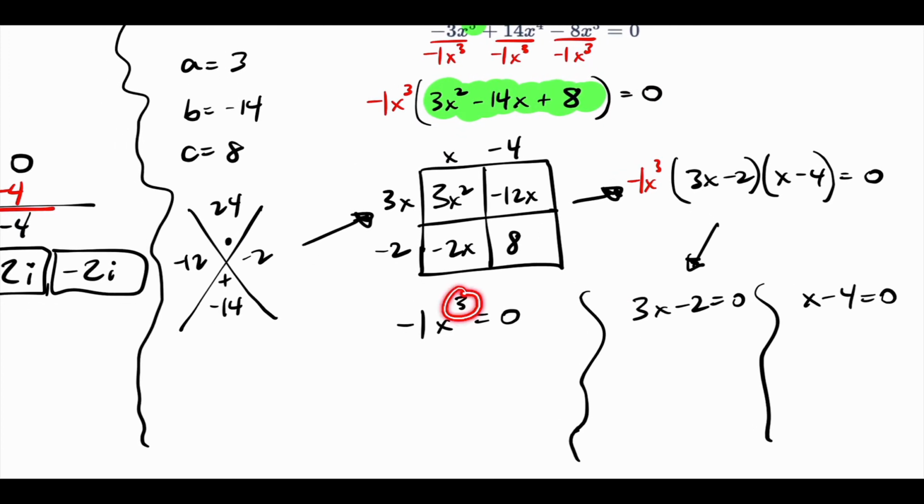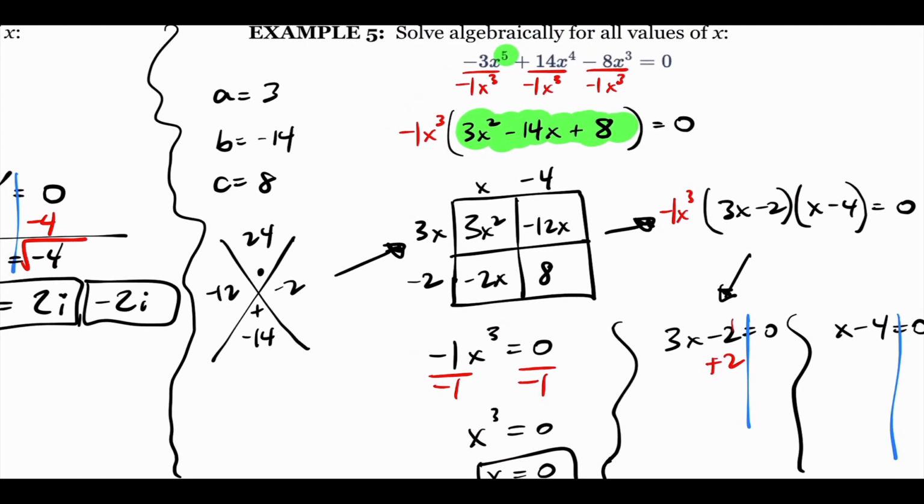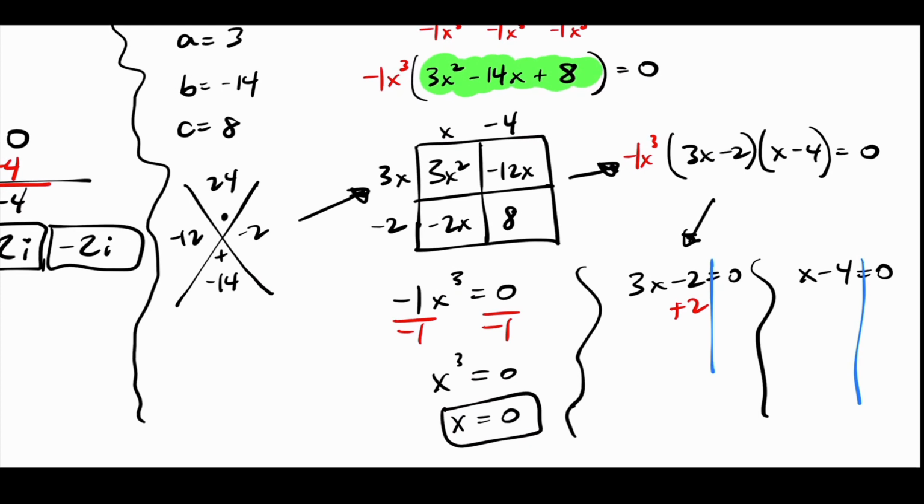The first one over here has 3 of the answers that I'm going to have. They're all going to be the same, and that answer is going to be 0, because 0 times 0 times 0 is the only thing that makes 0. Okay. Add 2 to both sides.